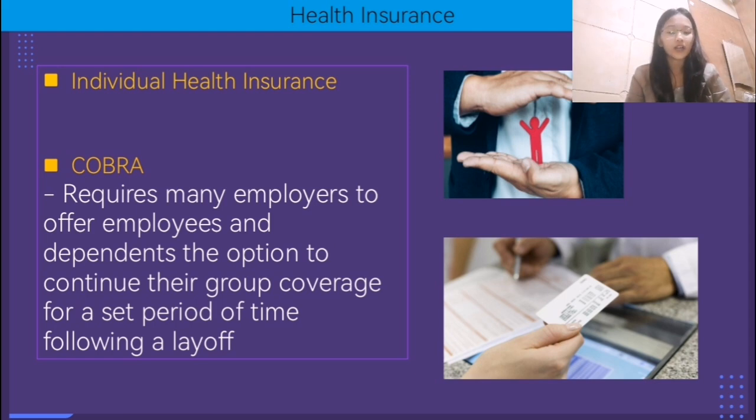So COBRA allows an employee and their dependents to retain the same insurance coverage but for a limited period of time, provided they are willing to pay for it on their own. Now, the former employees must be offered the option to continue health insurance coverage, otherwise they would be terminated.